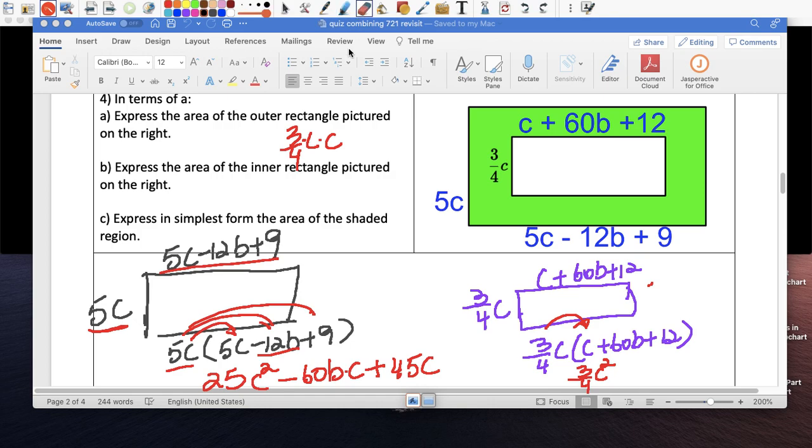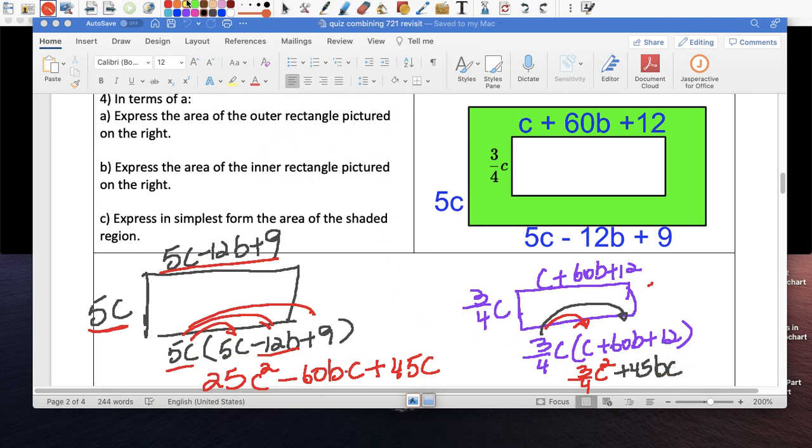And then we have 3/4 c again, which is this guy, times 60b. Well, we can do 3/4 times 60, which is 45, positive, by the way. They're all positive. And then c times b, let's just write it alphabetically, bc.